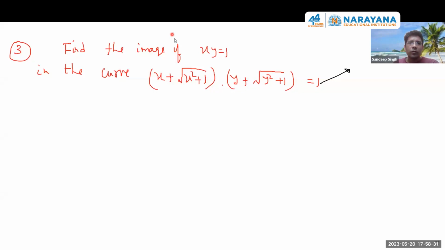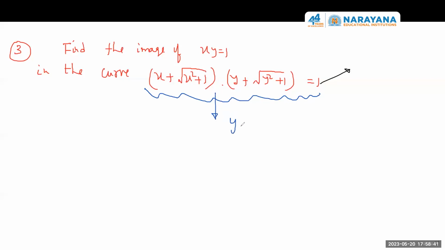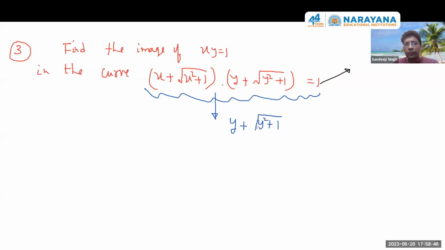Keep this in mind: this curve is nothing but x plus y equal to 0. See how? Y plus root y square plus 1 is how much? 1 upon x plus root x square plus 1. I can rationalize that.